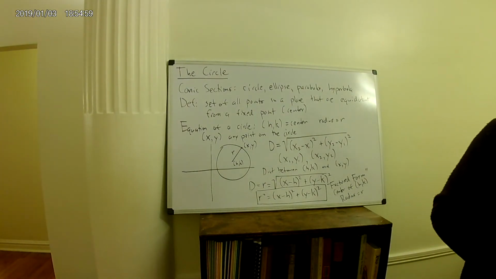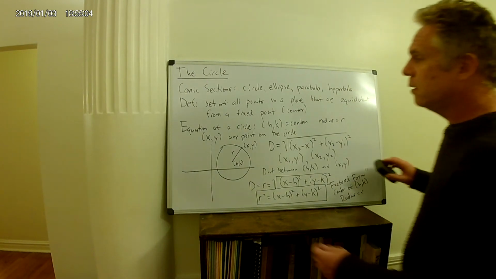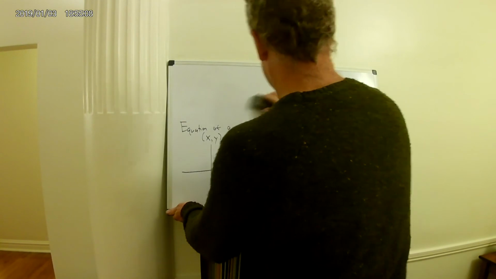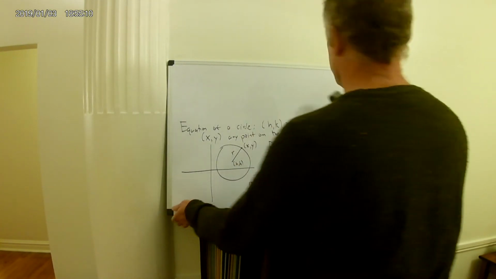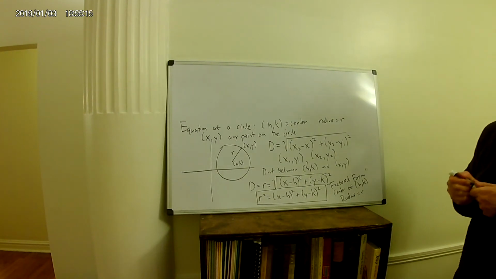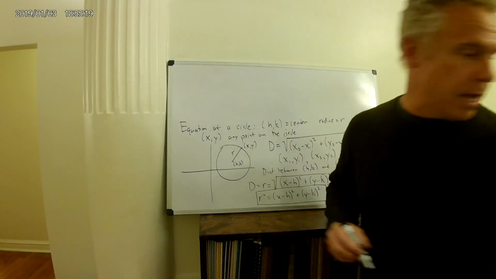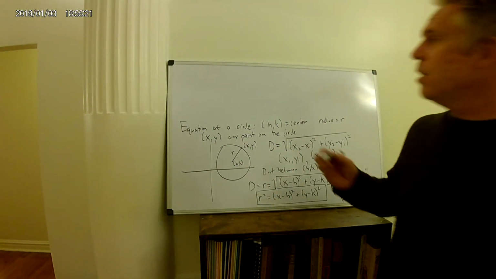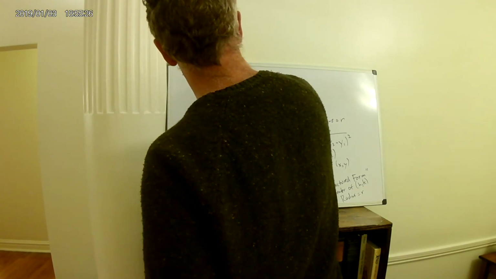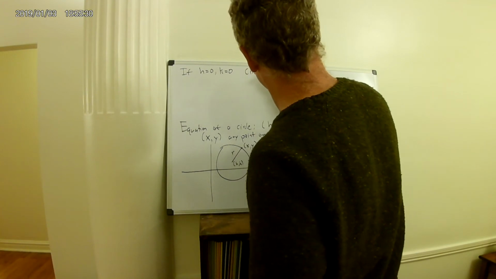Now, one thing I want to talk about, let me just erase this top part, but I'll keep this bottom part. One thing I want to talk about is what this (h, k) means for a circle. A circle with a center at (0, 0) is a circle with a center at the origin. So if h equals 0 and k equals 0, then the circle is centered at the origin.